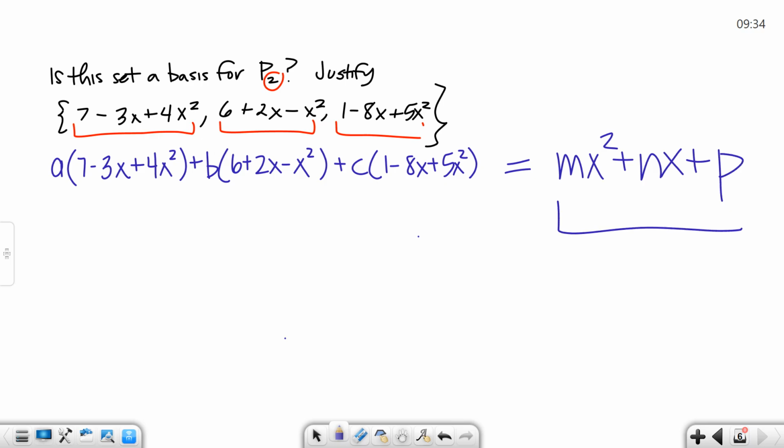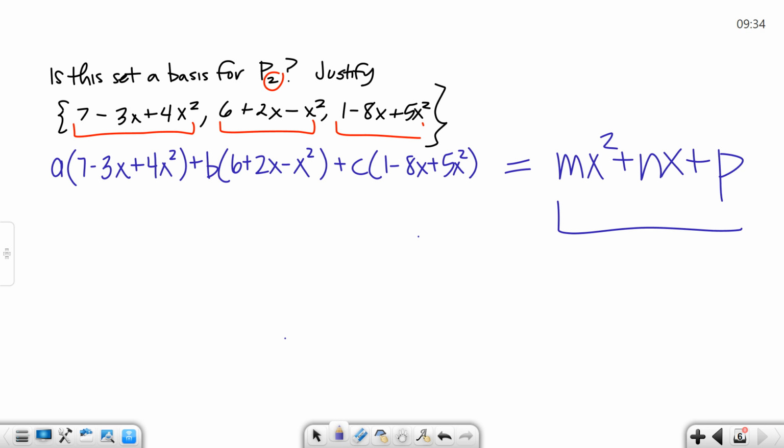You'll say, what is this? This is the generic vector that is in P2. Any x squared polynomial. Now, I couldn't use a and b and c because I already used them in the problem. So that's why that had a change there. But that's the generic polynomial.